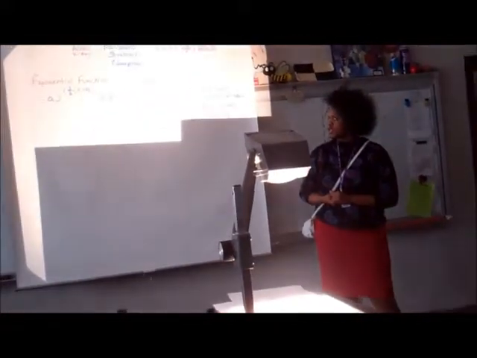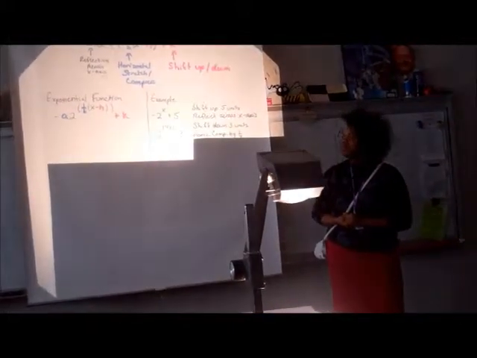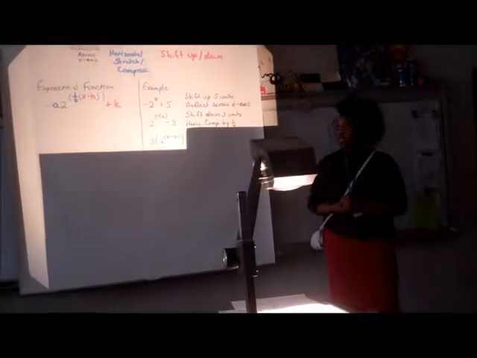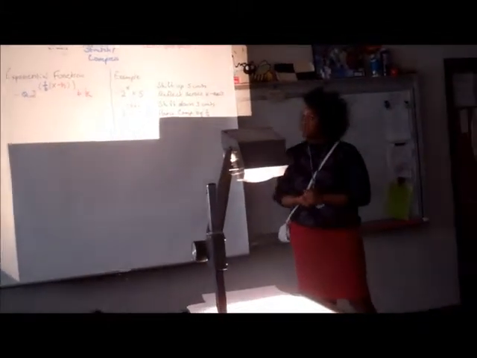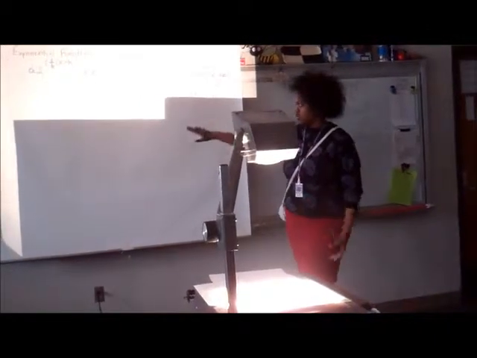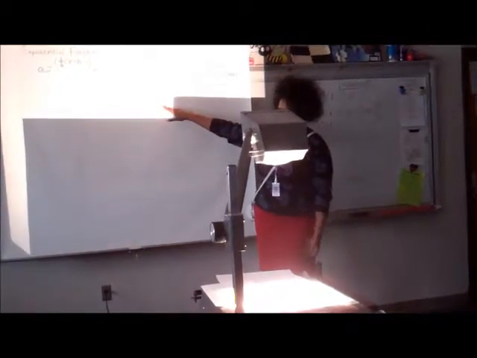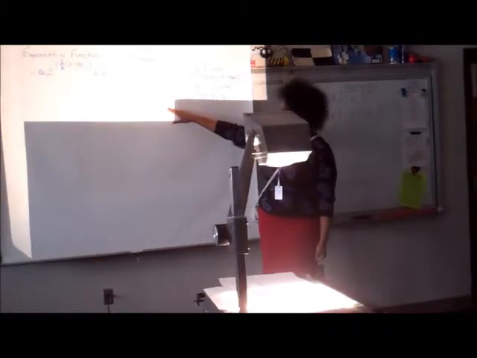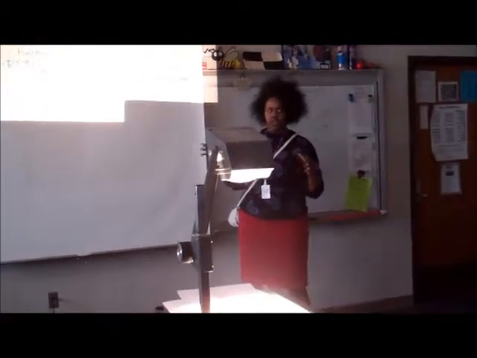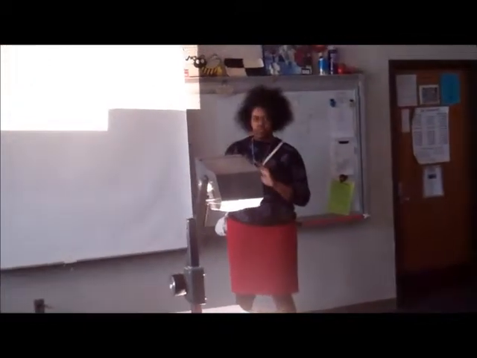It would be 2 to the x. 2 to the x is your parent function. This would be a transformation. The x minus 2 or just the minus 2? Just the minus 2 is a transformation of the parent function.